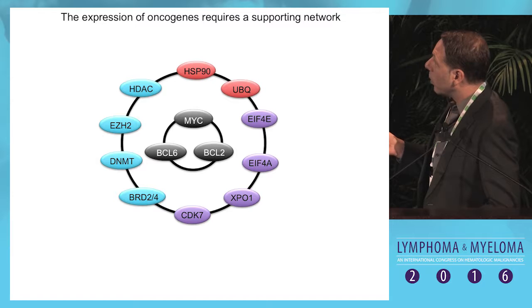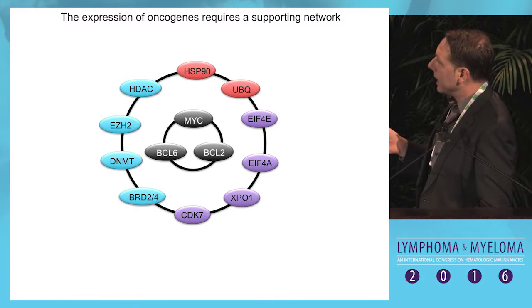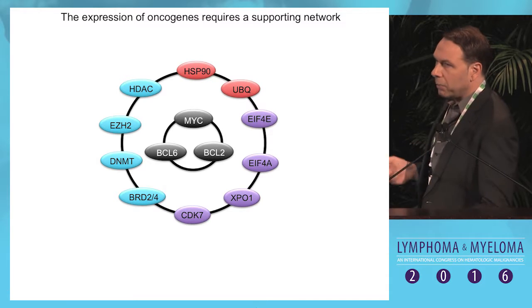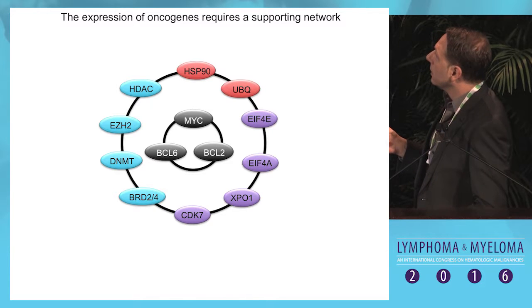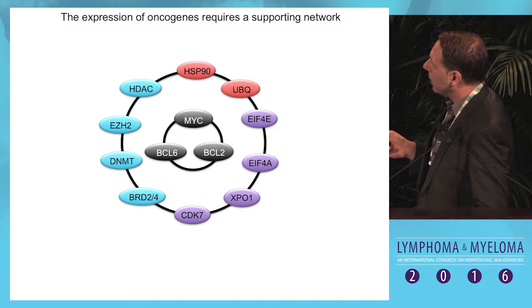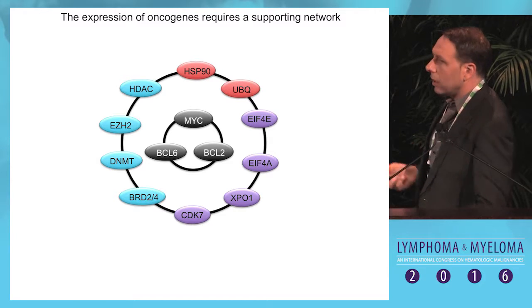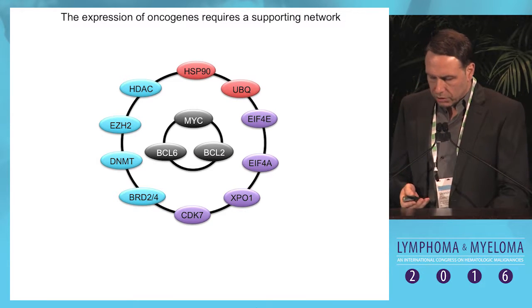Any of these requires, to be expressed, to be present in the cell and active, a supporting network of other different proteins. I mentioned some of these here, but there are many others. We are very interested in HSP90 and eIF4E, for example, but all these proteins support the activity and simultaneous expression of these oncogenes at the same time.